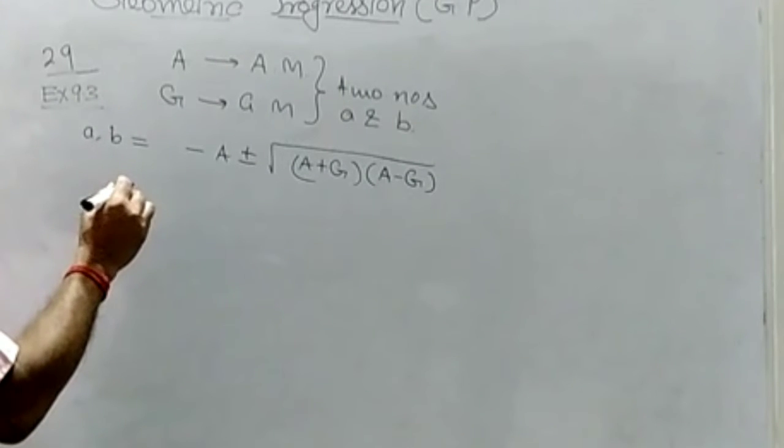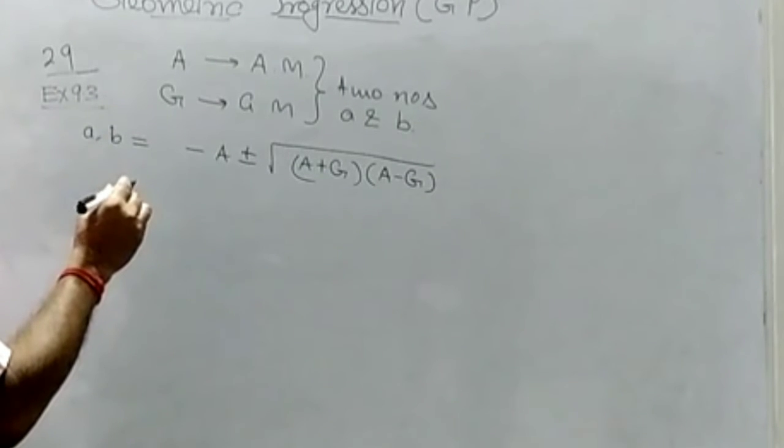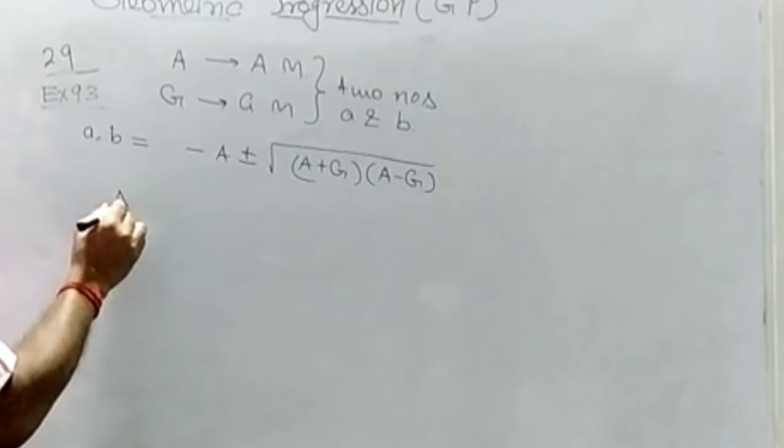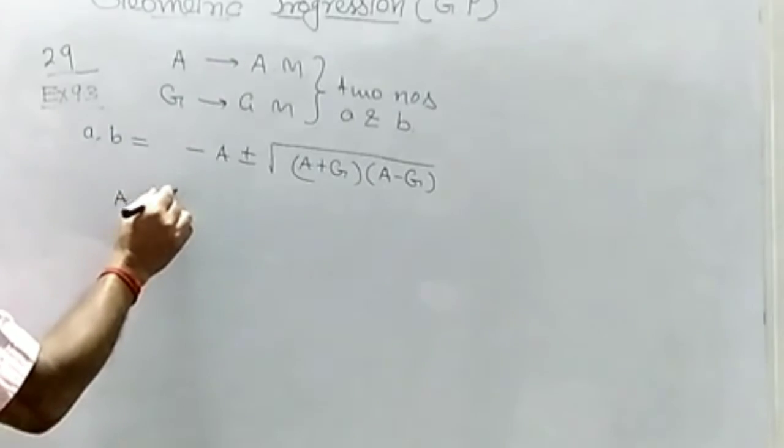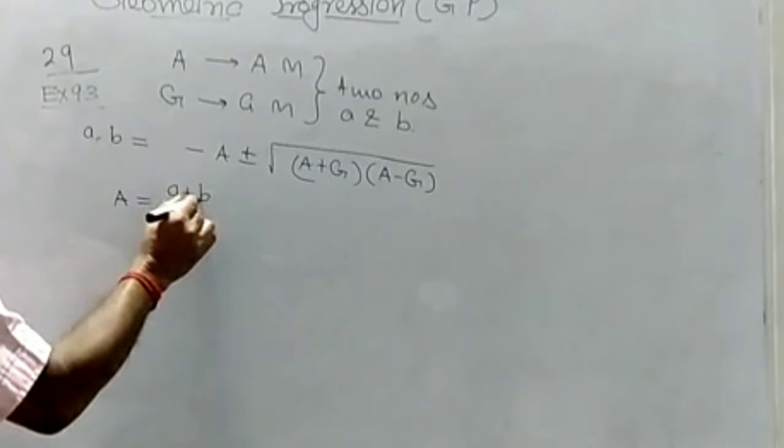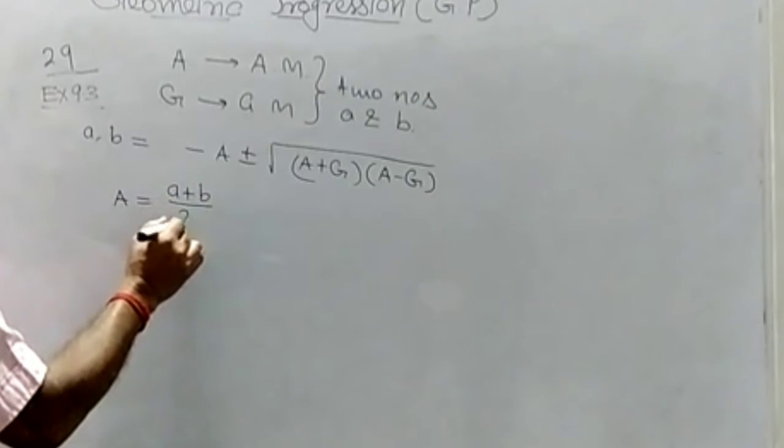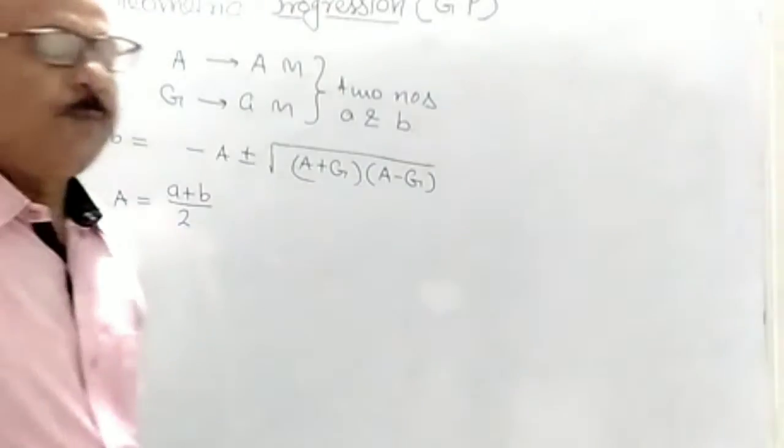Now, A is the arithmetic mean of two numbers. It means that a plus b equals 2A.